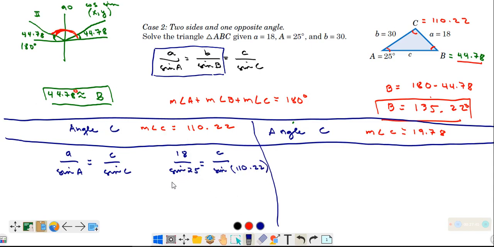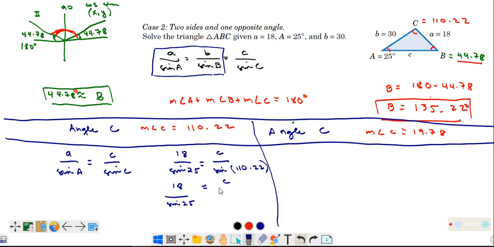So, simplify natin siya. We have 18 over sine 25. Paano mo matatanggal dito si sine 110.22? So, multiply both sides by sine 110.22.